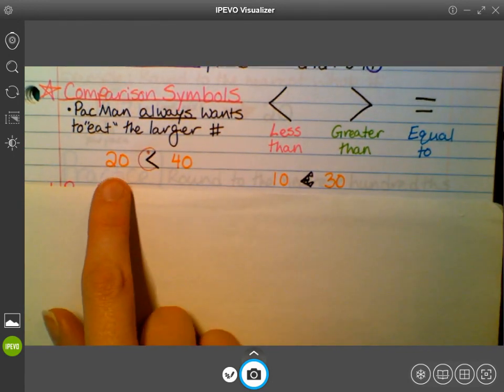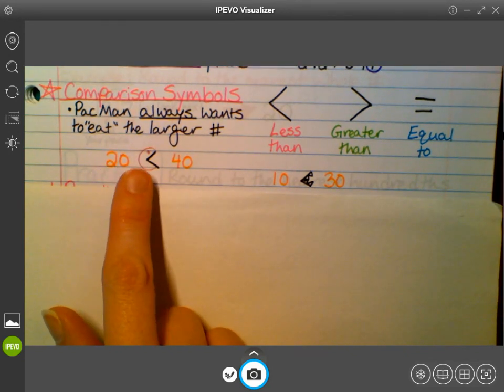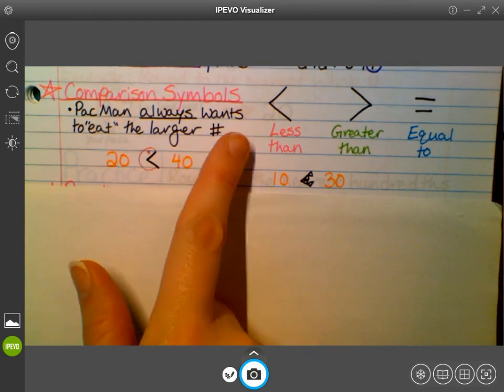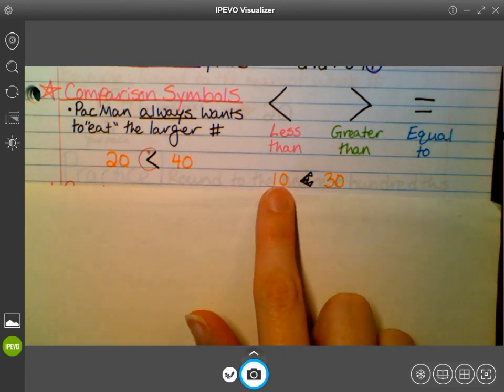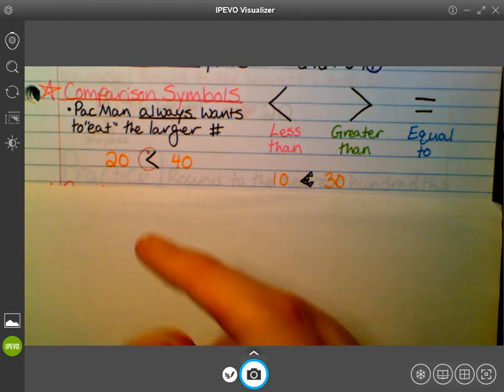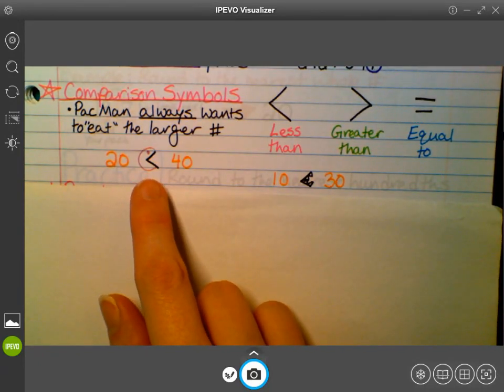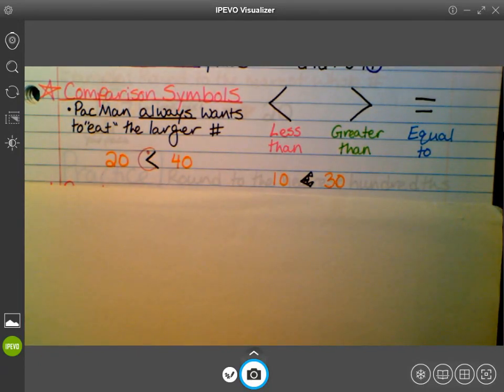Because we would say this as 20 is less than, because that's the less than symbol, 40. And same here. If the larger number is on the left, then you would want it opening towards the left, right? So then you'd say, this number is greater than this number. Yep, you always read from left to right. Exactly. Start on the left and then to the right.